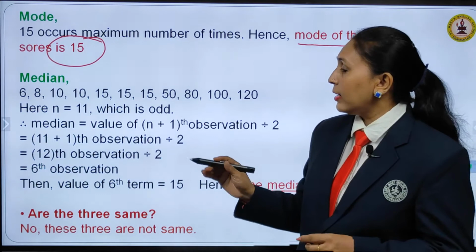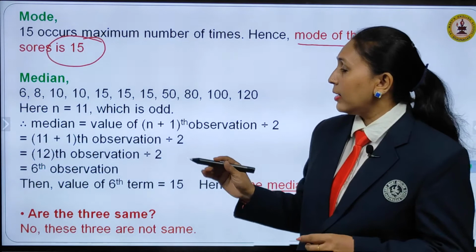Now once again children, 6 is not the median, 6th observation is your median. So when you see in the data here 1, 2, 3, 4, 5, 6, which is your 6th observation? 15. This is your 6th observation, right? So you can see here your 6th term, that is 15, is the median of the given data. Now second question to answer here, are these three same?